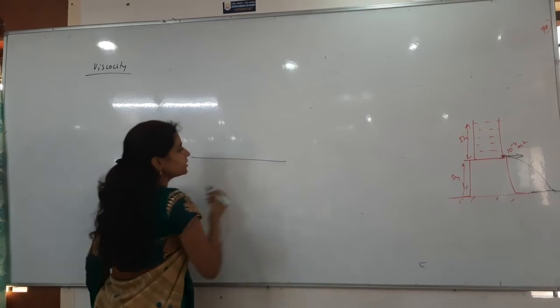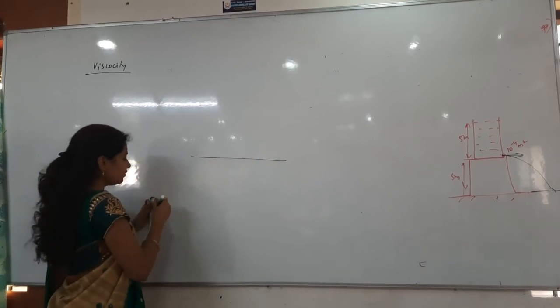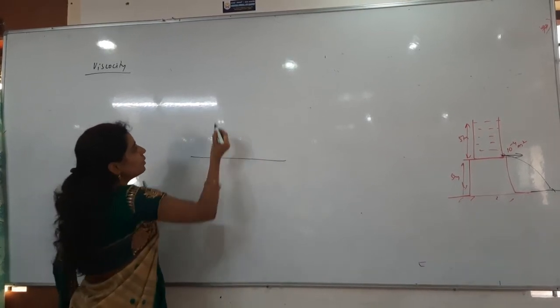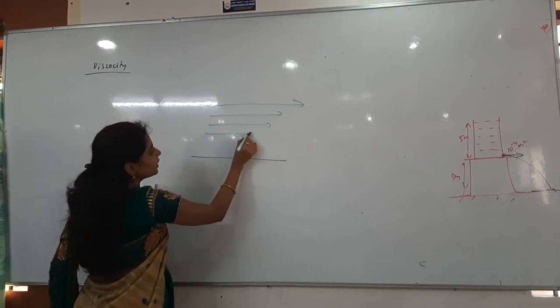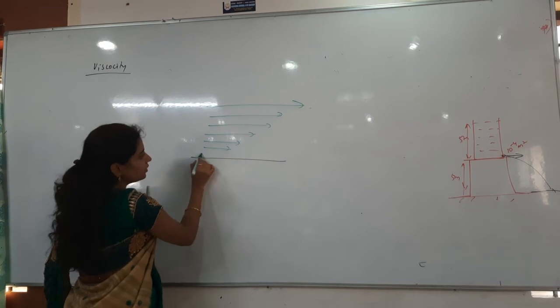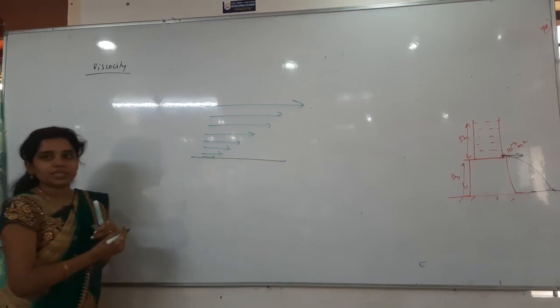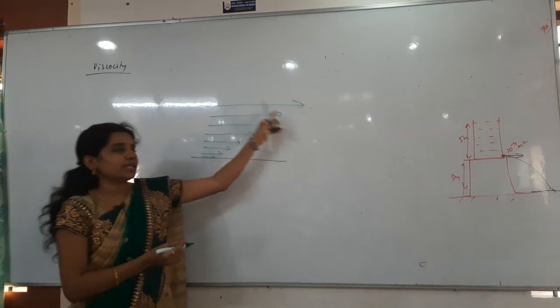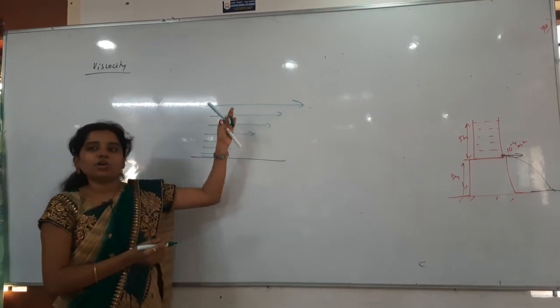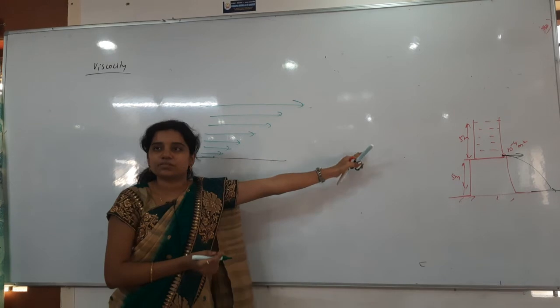For example, if I consider this as a river, the water will be flowing, but the top surface will have more velocity. Whenever I go down and down, the velocity decreases. Here the big arrow indicates more velocity, so they move fast.